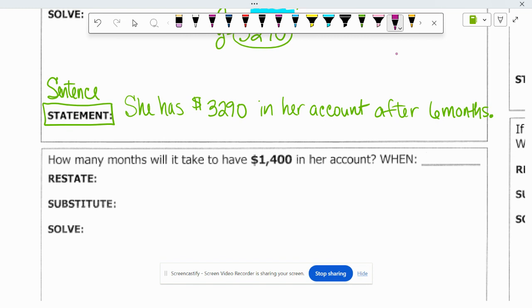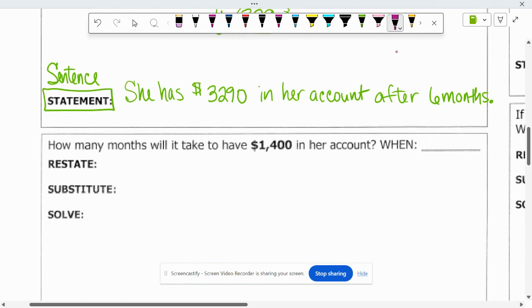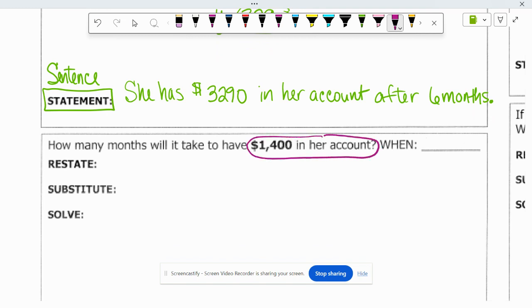How many months will it take to have $1,400 in her account? Michael, what is that really asking? I want to know when I'm going to have $1,400 in my account. What variable represents the amount of money in my account? Yeah, so this is just saying, hey, I need to let y equal 1,400. That's all it's saying.